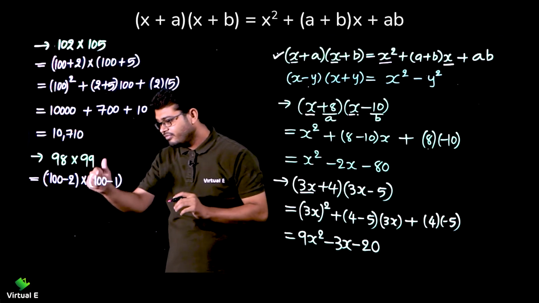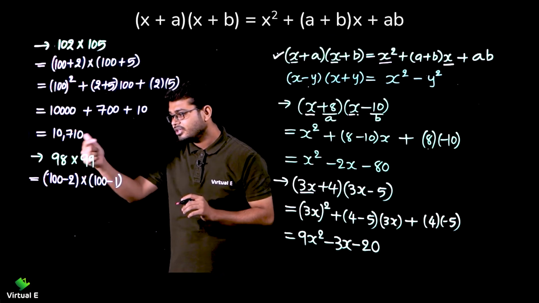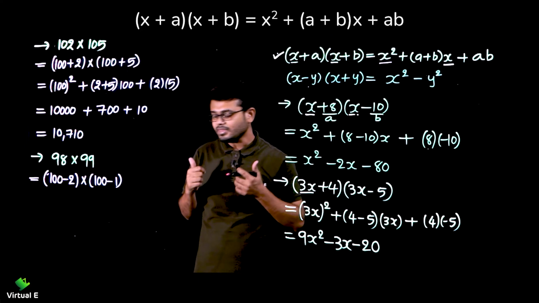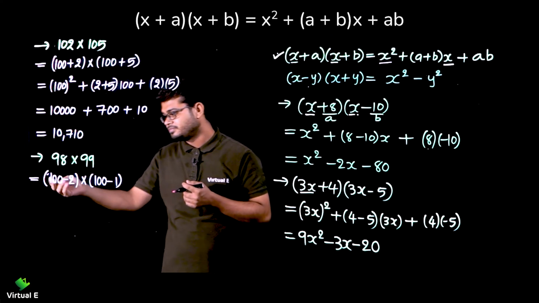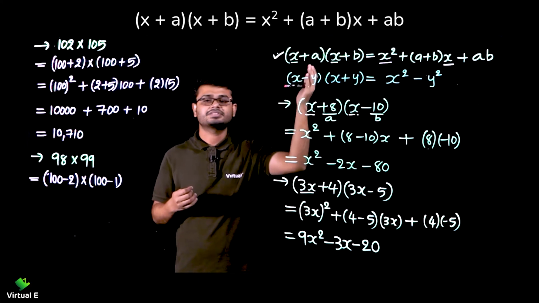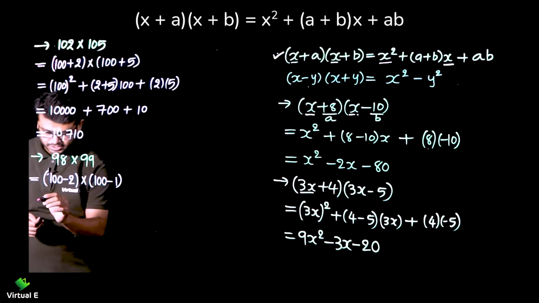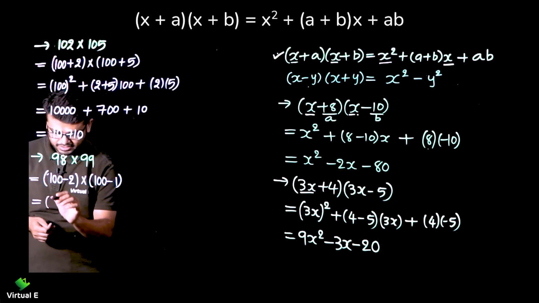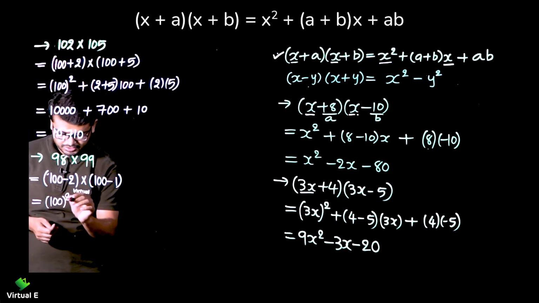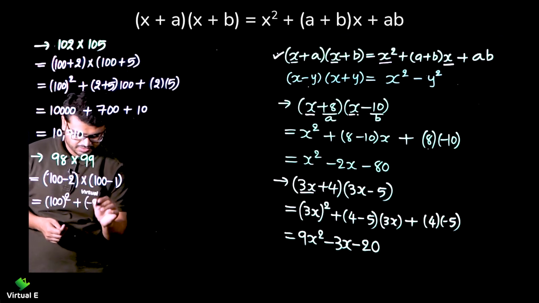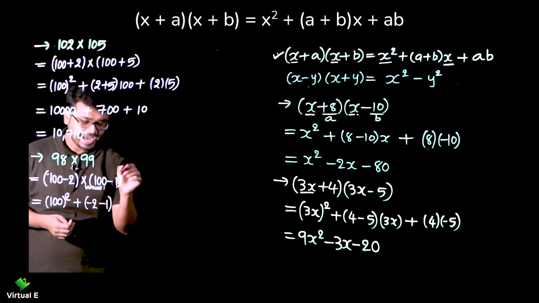Good. Now if you subtract 1 from 100, you get 99 as well. Simple, right? So this is the same case that we discussed in the first identity. Now let's solve it. First we need to have 100 square. So here we will have 100 square plus, it is minus 2 minus 1, and x.